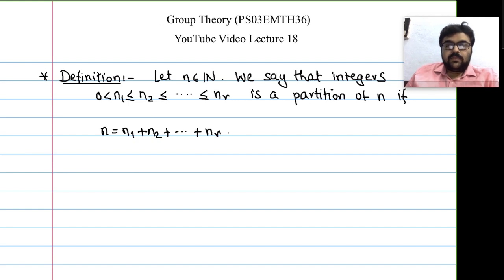So if we can write n as a sum of positive integers like this, we say that it is a partition of n into r integers.